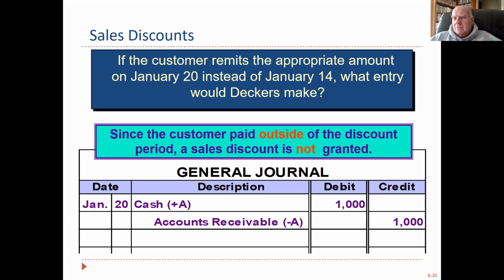You're their only supplier of a certain item, and they always take the discount, and they're always on time. Once in a while, maybe they're a few days late, and they still take the discount. Are you going to go after them for that $20? No, you're probably not. You're going to ignore it. My point is, you got to use a little bit of judgment here.